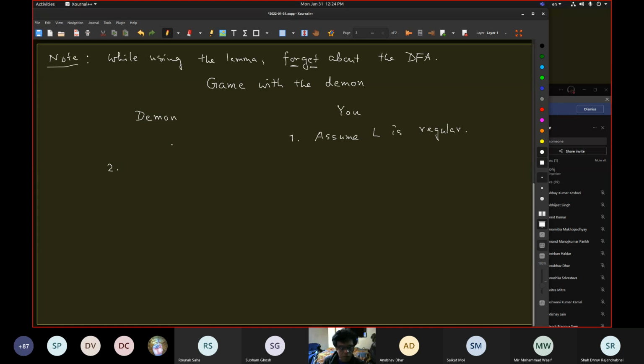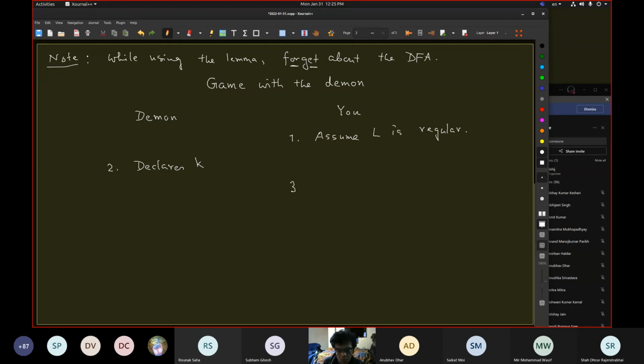Now it's the daemon's role to give you some k. So the daemon declares the positive integer k. Where this k comes from, the hypothetical DFA or whatever, is not your headache. You can only assume that k is an integer, it is positive and a constant. So this is the second move.